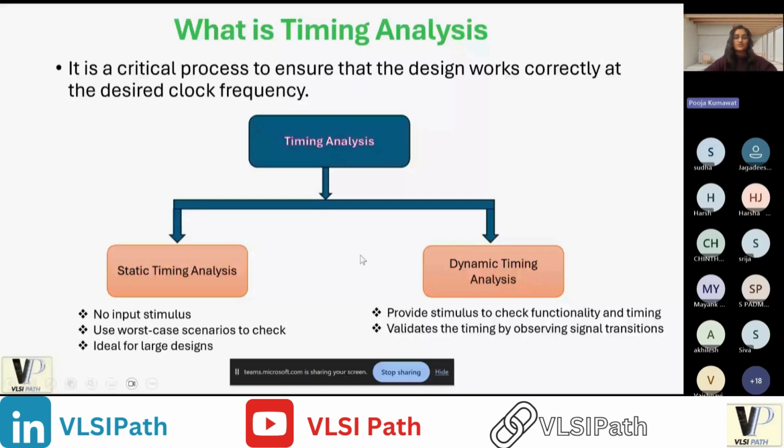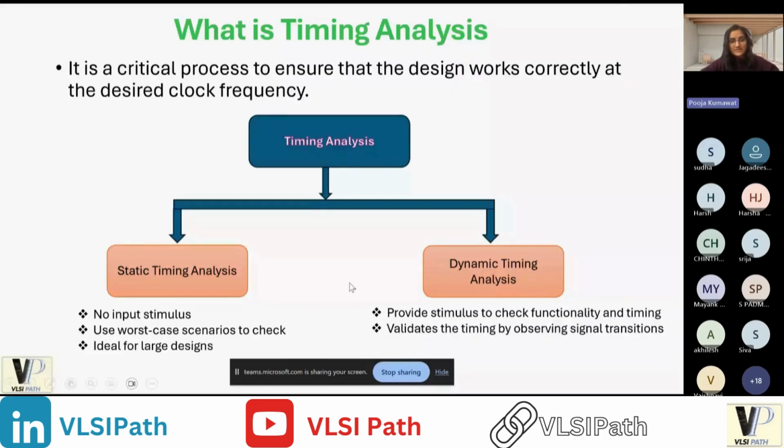Now for STA, you might be thinking, why are we going for the STA? If DTA is that good, then what's the need of the STA? So DTA obviously gives the exact values, but the problem is it is very complex and we cannot perform DTA for a large design. In today's designs, we are having billions of gates, right?